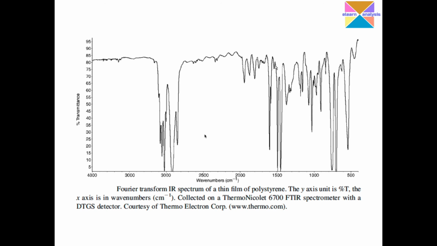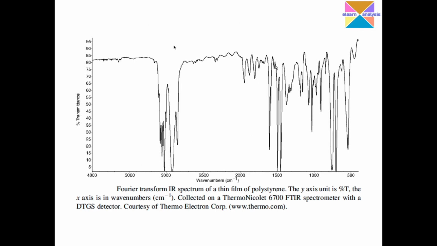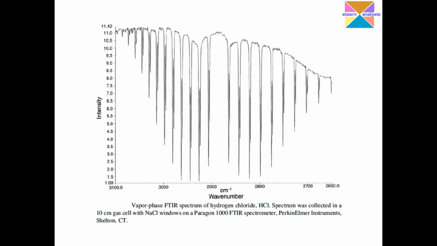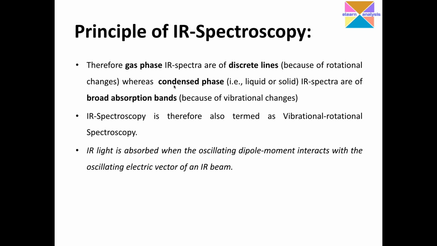Because of the vibrational energy levels, this spectrum will broaden, whereas the rotational spectrum will tend to show these sharp peaks. That was the comparison I have made between these two samples. The first one is the spectrum of hydrogen chloride, which was taken in the gaseous phase, and the second is the broad vibration spectrum of a film of polystyrene, which was taken in this particular condensed phase, and that was because of the vibration changes.